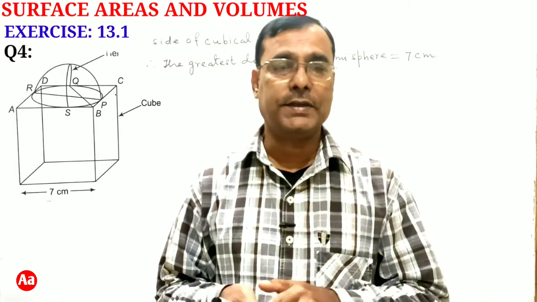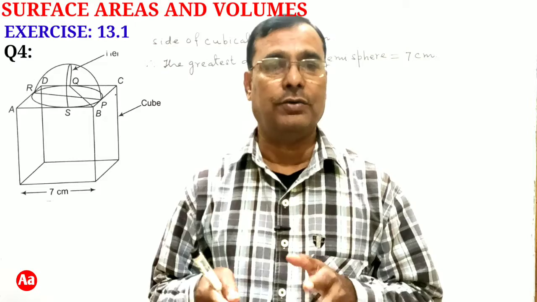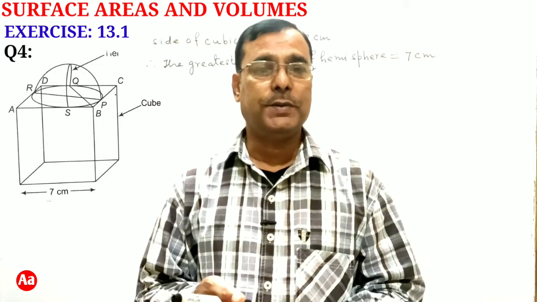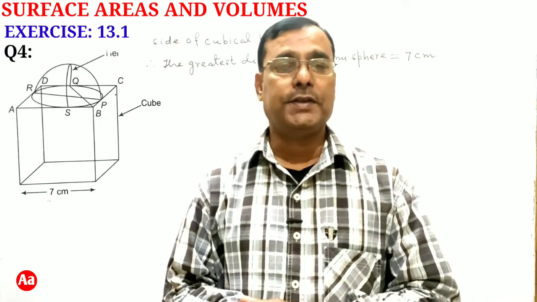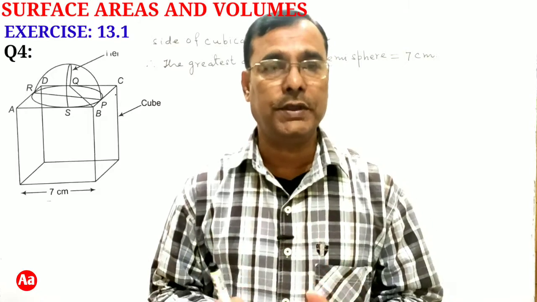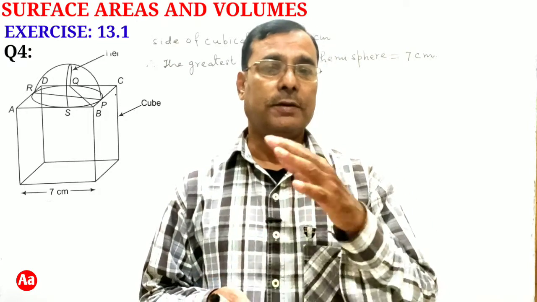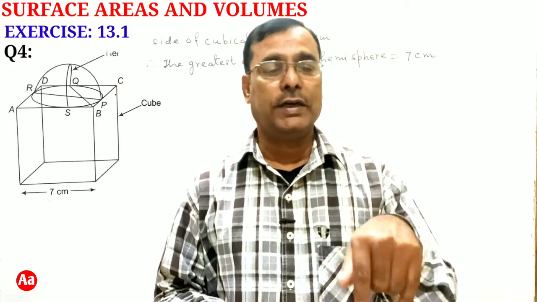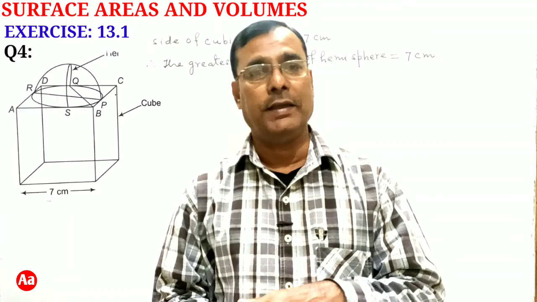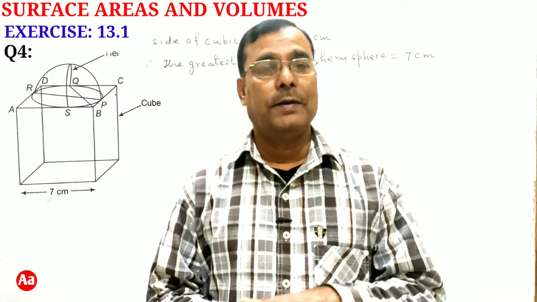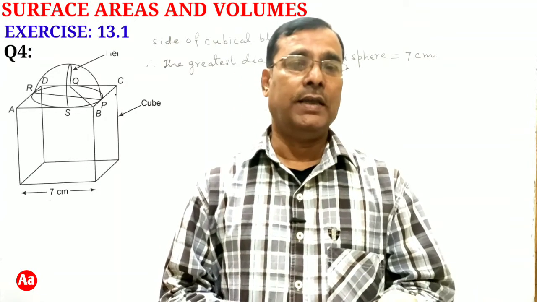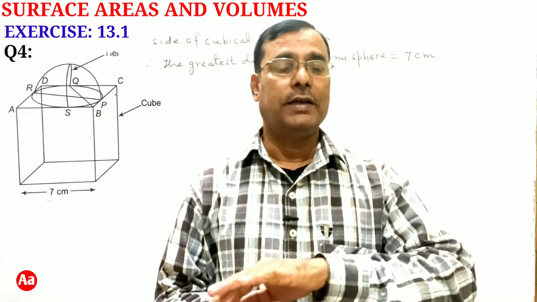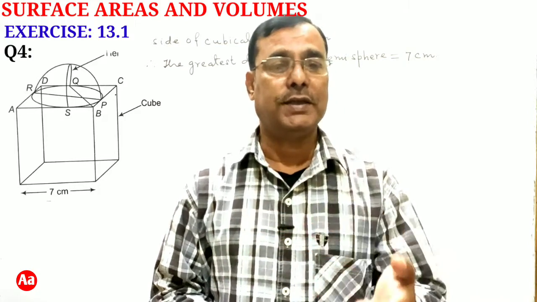So the total surface area of the resulting solid, after the hemisphere is surmounted on a face of the cubical block, is equal to the total surface area of the cubical block minus the pi r square area covered by the hemisphere, plus 2 pi r square, the curved surface area of the hemisphere created.